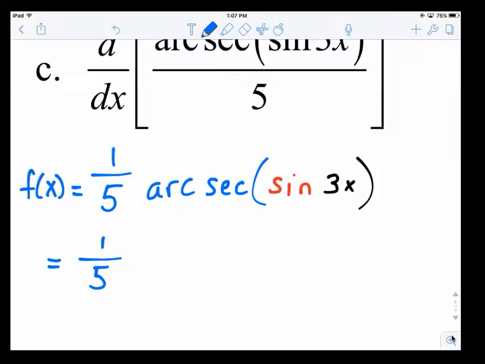So you have the 1/5 and then the derivative of arc secant. So you have 1 on the top. What you're taking the arc secant of goes inside the absolute value. I'm just leaving this on the outside for right now. I'm just worried about figuring out this first, and then we'll simplify it later.